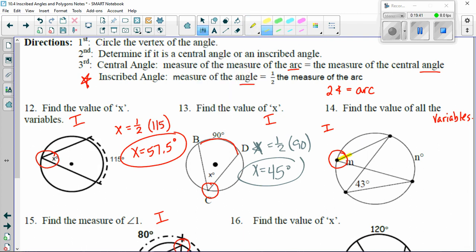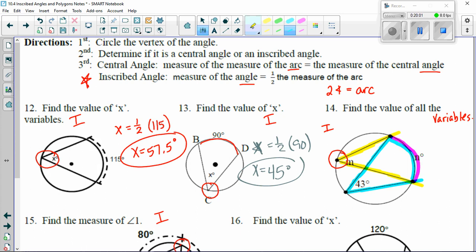So angle M is that angle there, and this is the arc. But what I do notice is that this 43-degree angle uses the exact same arc.